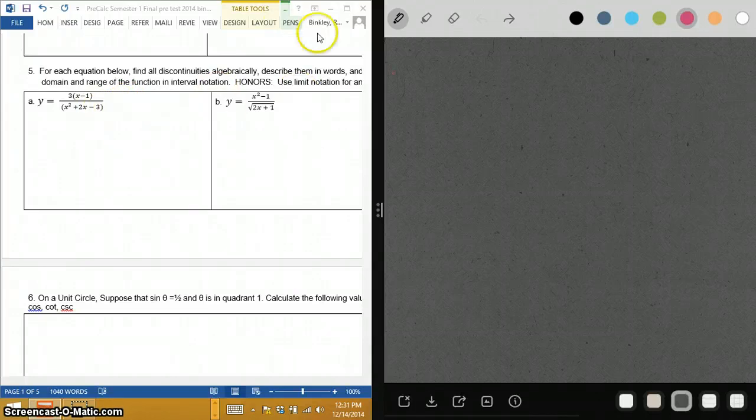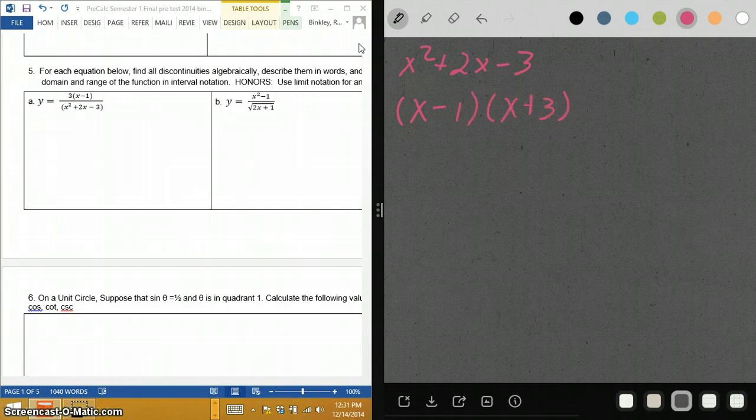So let's start off with just solving that. Currently the denominator is x squared plus 2x minus 3. If we factor this, we should get x minus 1 times x plus 3. Okay, I believe that'll give us what we have up here.